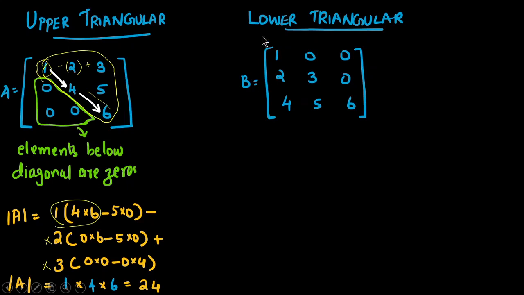What is lower triangular? All the non-zero elements are in the lower part. The diagonal elements are 1, 3 and 6, and all the elements below the diagonal are non-zeros, and all the upper parts are zeros.